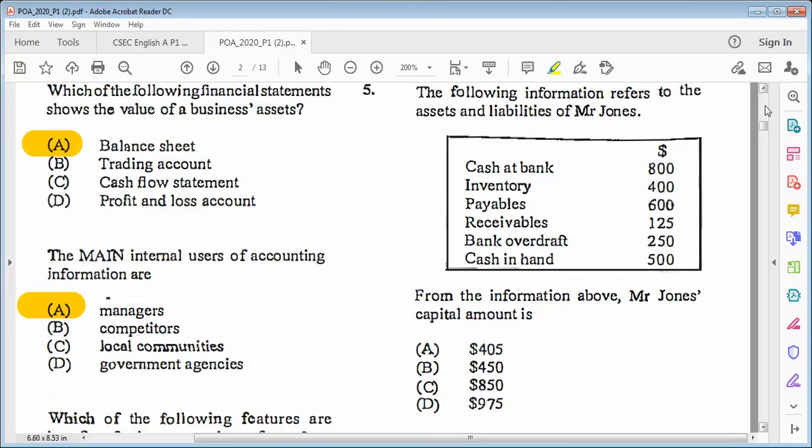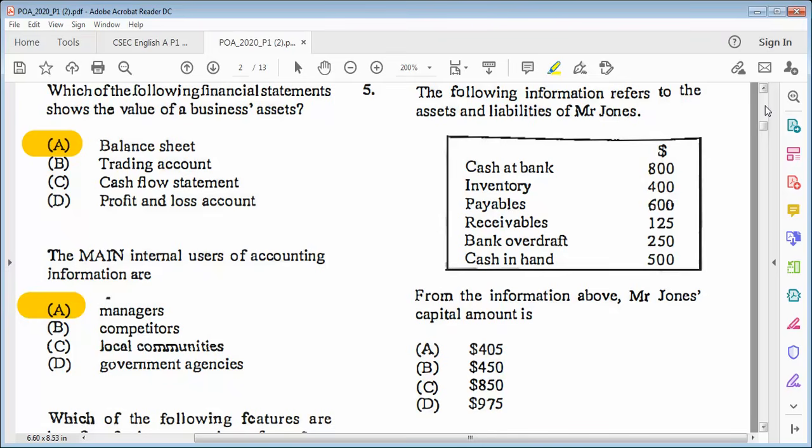Let's go on to number 5. Here it says, the following information refers to the assets and liabilities of Mr. Jones. Cash at bank, 800, inventory 400, payables 600, receivables 125, bank overdraft 250, cash in hand 500.